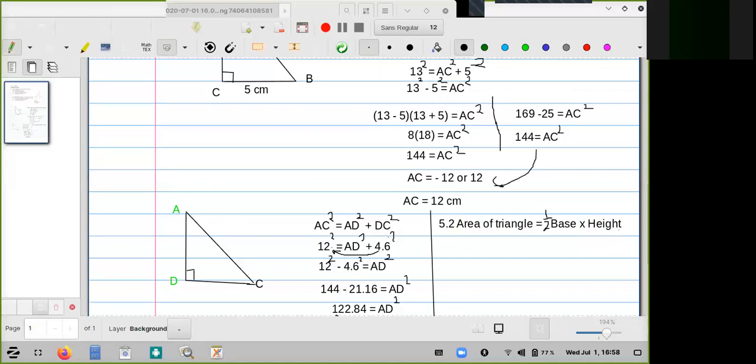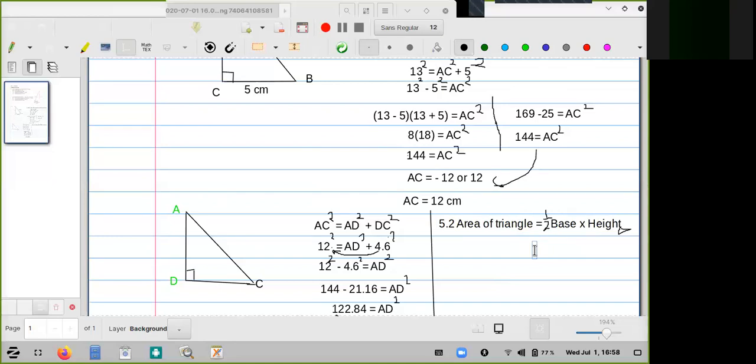So this is a height of the triangle, and there is one side that we are going to refer to as the base. The base and height are the sides that are perpendicular to each other, at right angles, or 90 degrees to each other.